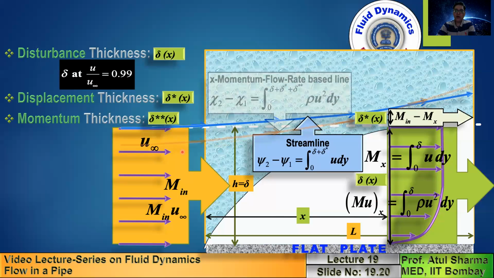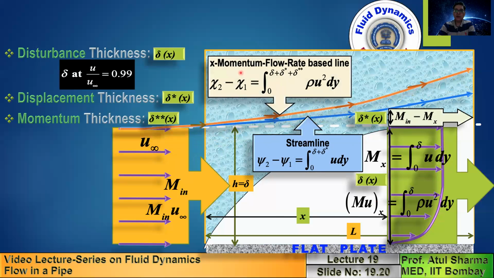So consider an x momentum flow rate based line, a momentum function line, where delta double star, the momentum thickness, is the increase in the height, the displacement of this momentum function line over and above the displacement thickness.